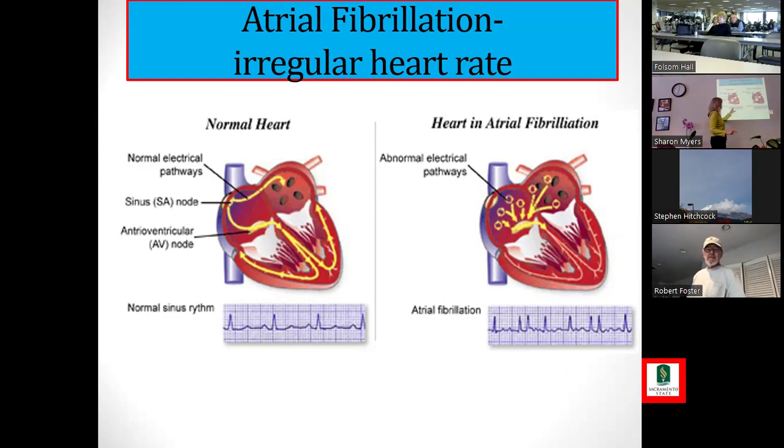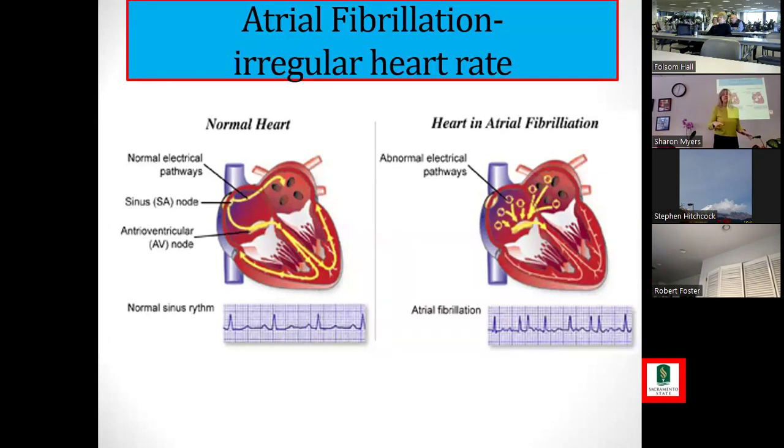This is the normal one. You'll have a P, which is the atria, and then a QRS, which is the ventricle, and then recovery. So P wave, P wave, P wave. Look at this one. There are a lot of P waves there, aren't there? Because there's a lot of electrical conduction going on in the atria. It's firing all over like this.